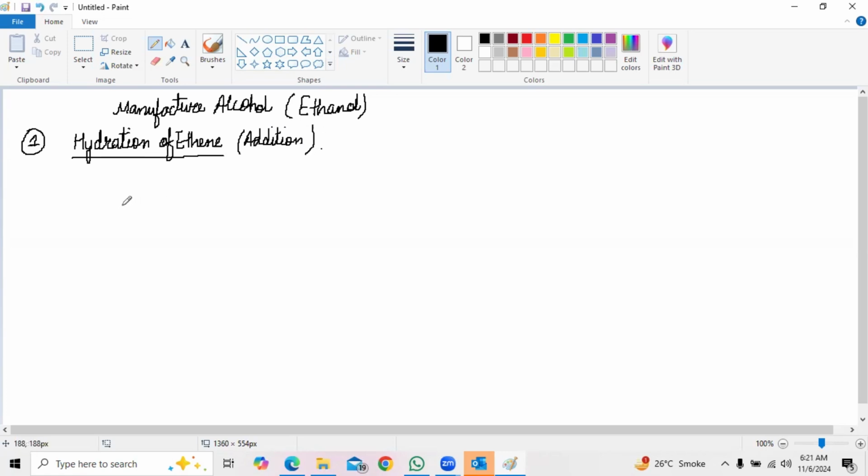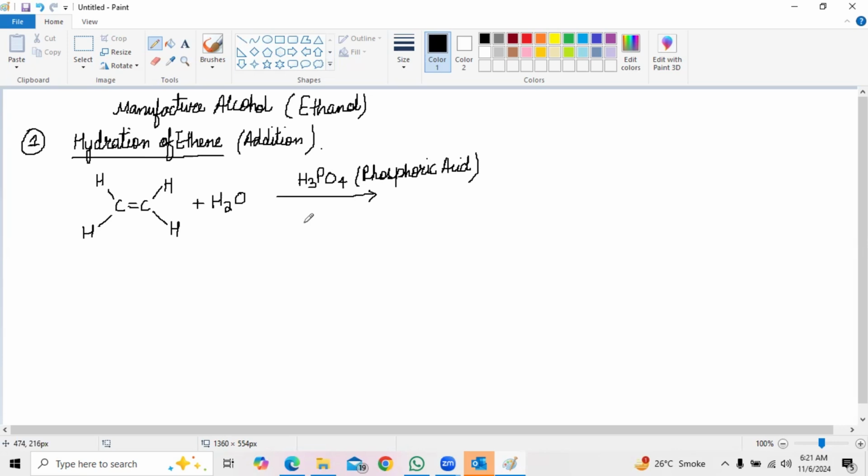So in hydration of ethene, what actually happens? This is going to be ethene. Okay. And there would be the addition of steam, and we are going to use a catalyst here, which is going to be H3PO4, that is phosphoric acid. The reaction conditions are very important to consider.